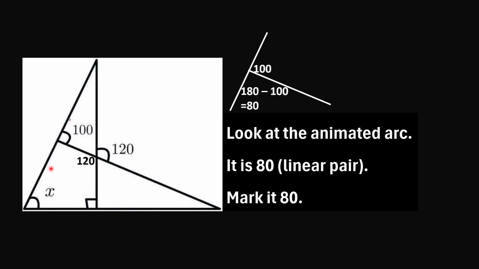Now look at this animated arc. This animated arc and this 100 form a linear pair, because this is a straight line. This is 100, so this must be 180 minus 100, because the total must be 180. So this must be 80.